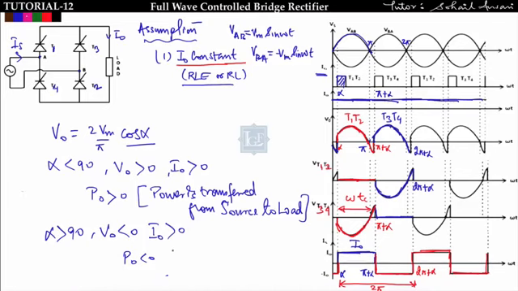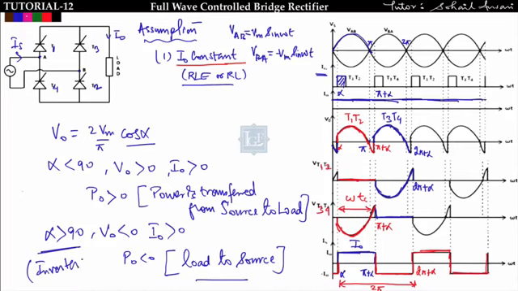What do you mean by this? This means power is transferred from load to source. We have done this case in the earlier rectifier circuit also. So we can say that for alpha greater than 90, this converter will behave like an inverter. What is an inverter? An inverter converts DC power into AC power. So for alpha greater than 90, DC power, that is the load power, is transferred to the source.